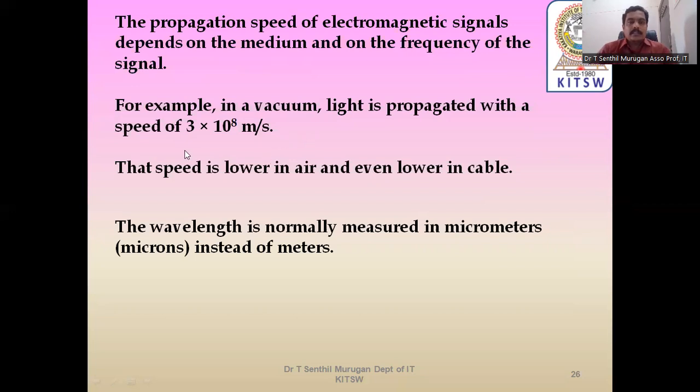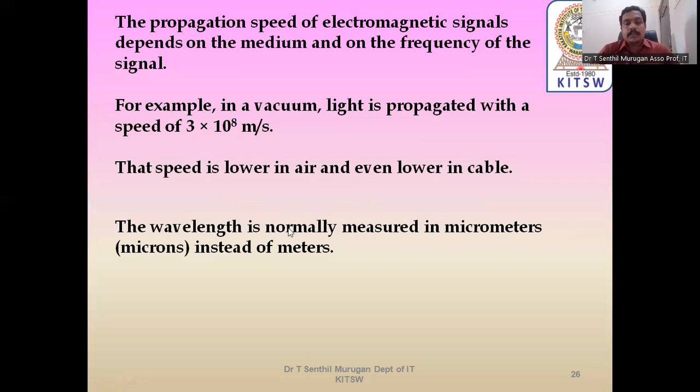Normally we know that light propagates with a speed of 3 into 10 power 8 meters per second. That speed is lower in air and even lower in cable.